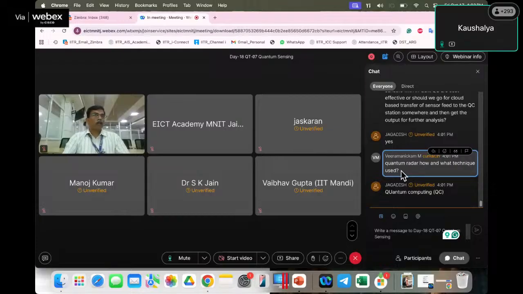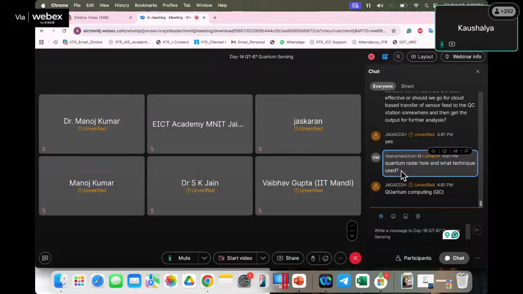The information carrier here is your single quantum systems, instead of using the classical, let's say, CW laser that you send out and detect. If you can do things with single photons, that will be desired. I think that will go for the LiDAR case, not the radar case. But for radar, perhaps the previous speaker would be the best person to answer.